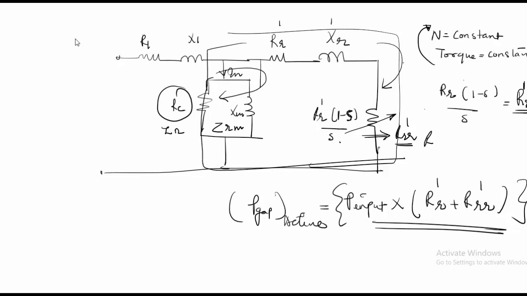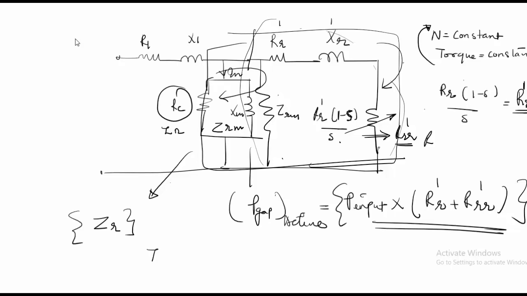In that case, this circuit will be in parallel, and this will be used to get an equivalent impedance of ZR. So your IR per phase will be equal to VPH divided by ZR.